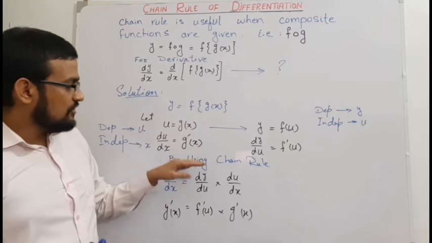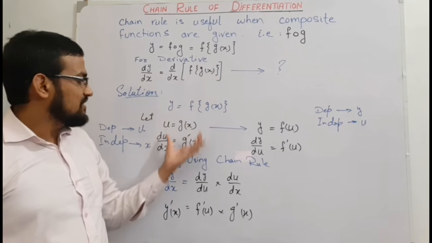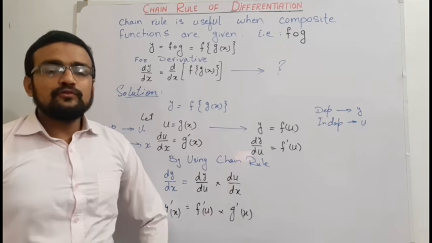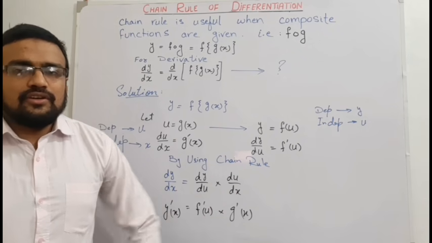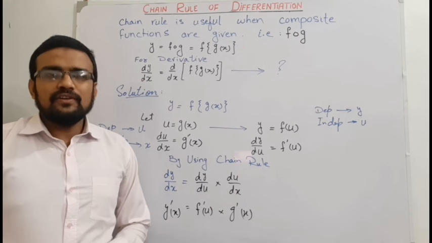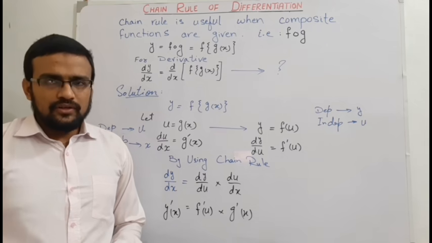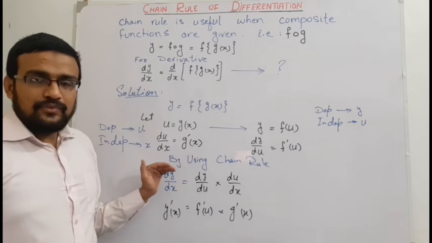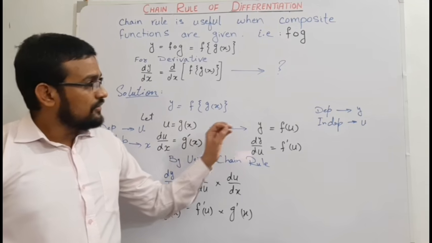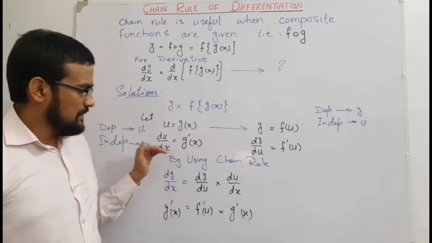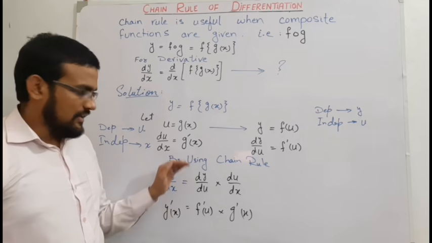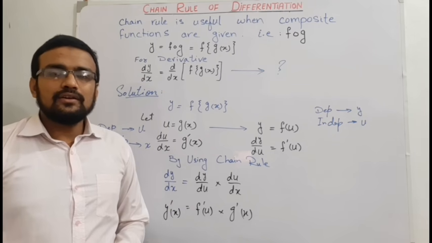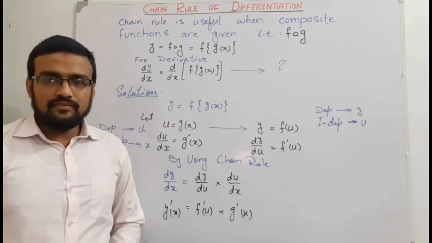This is called the chain rule, and this is the process to find the derivative of any composite equation. These steps are followed in all questions and you find your required result.